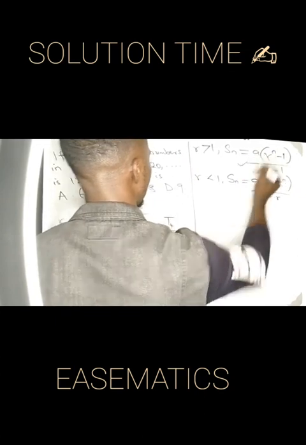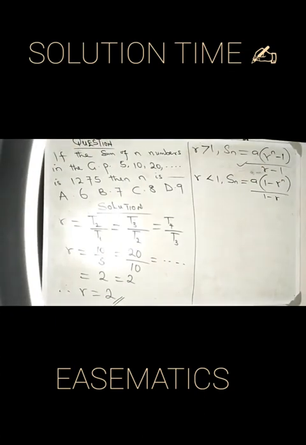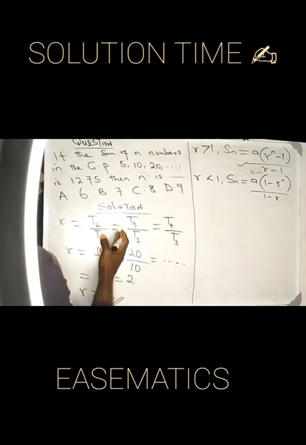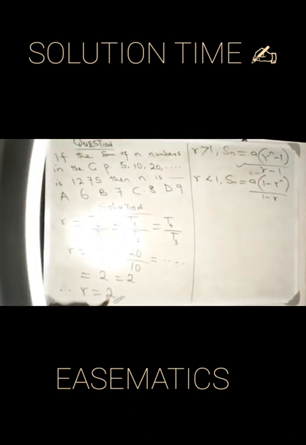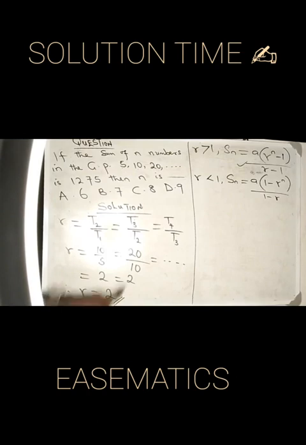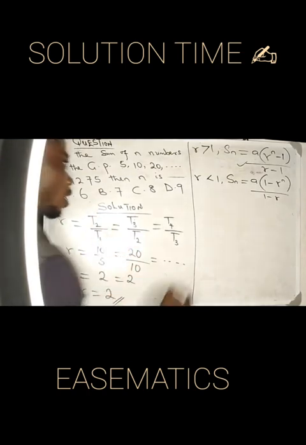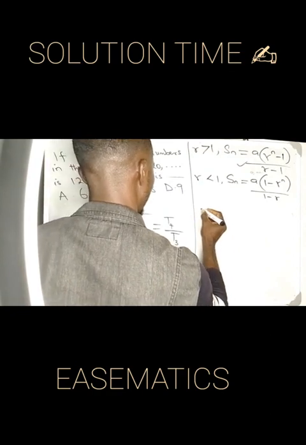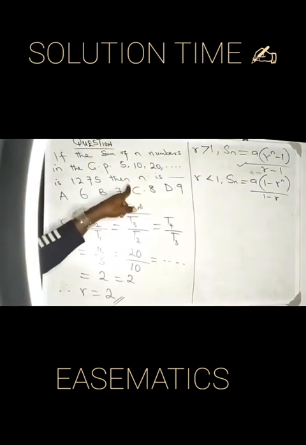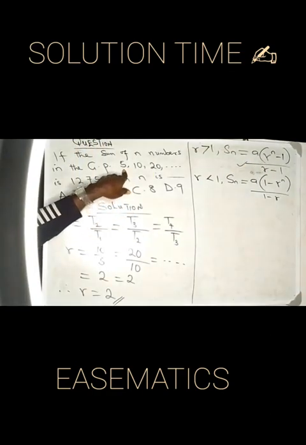But here we are taking the first formula to approach this question, since r is 2, which is greater than 1. Our a, the first term, is 5.